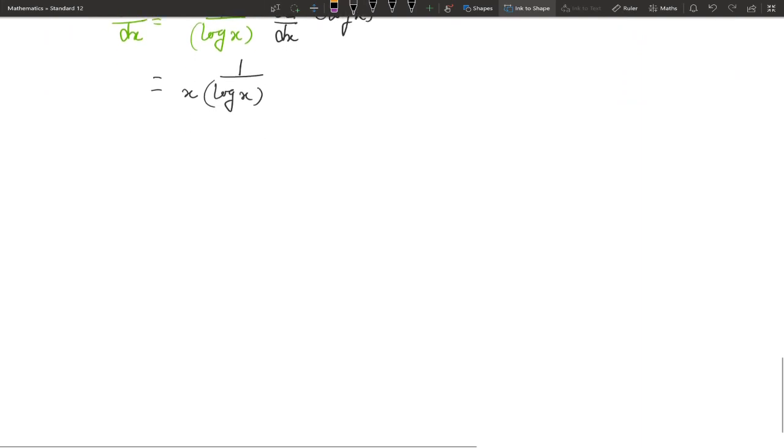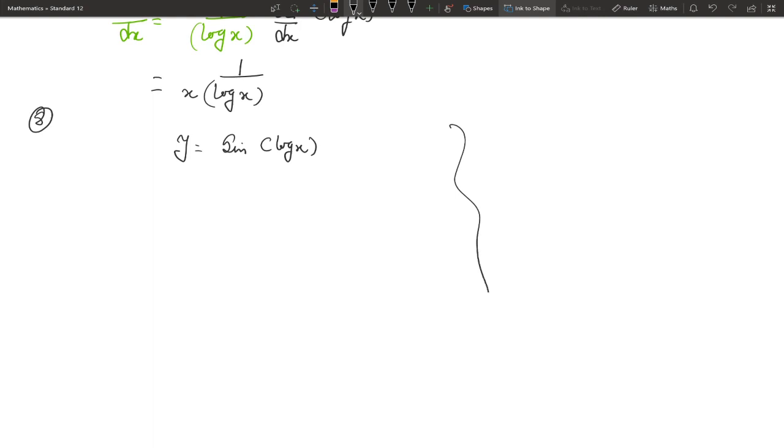We take another example. For example, y equal to sine of log x, and here we take y equal to log of sine x. So you can note the difference between these two. Here it is sine of log x. So when we differentiate y with respect to x, first the derivative of sine x is cos of log x.